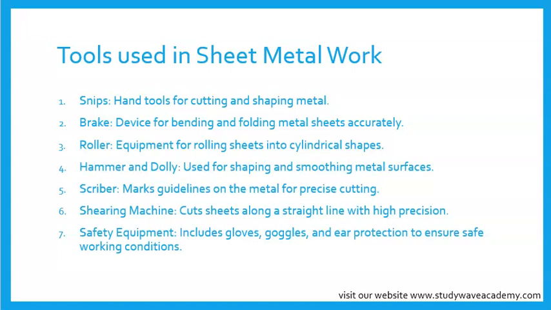Okay, snips are like scissors for metal. Brake, a device for bending and folding metal sheets accurately. So the brake helps in bending and folding metal sheets accurately. Okay?